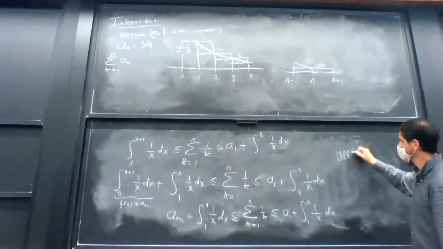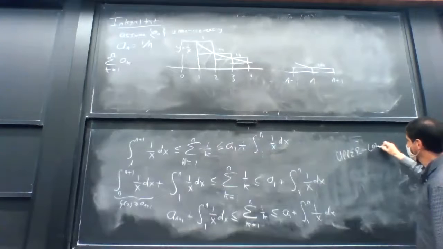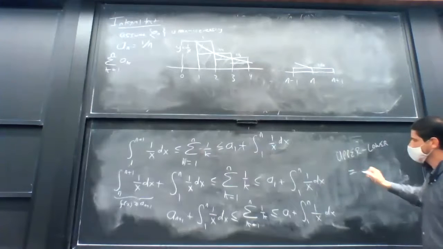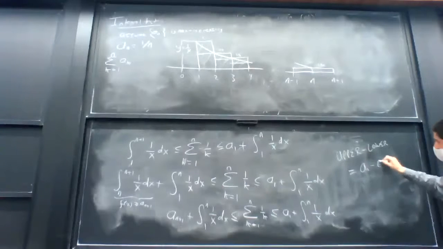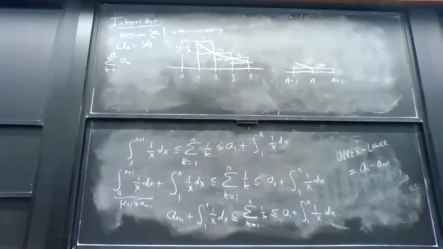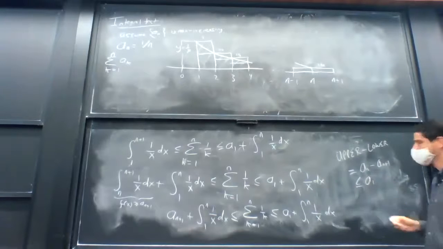So how much is the lower bound different from the upper bound? Upper minus lower is a1 minus a_{n+1}. And if the series is non-increasing, this is actually just less than or equal to a1.